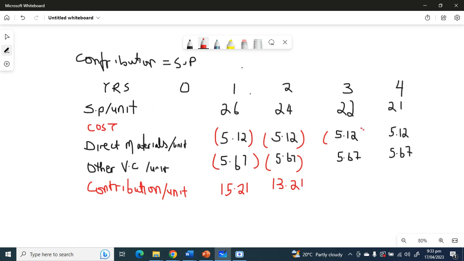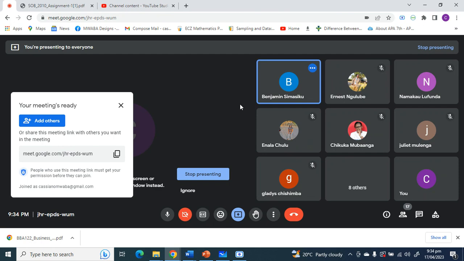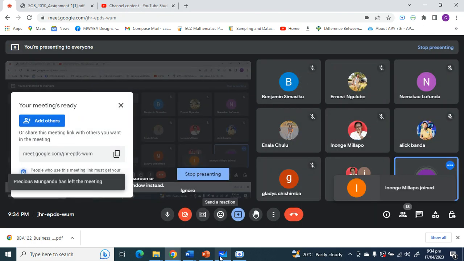Year three, 22 minus 5.12 plus 5.67, that is 11.21.